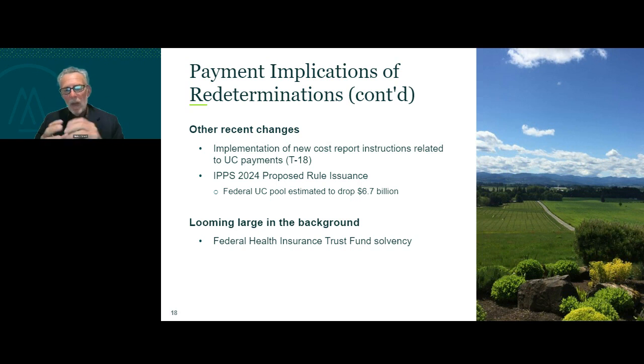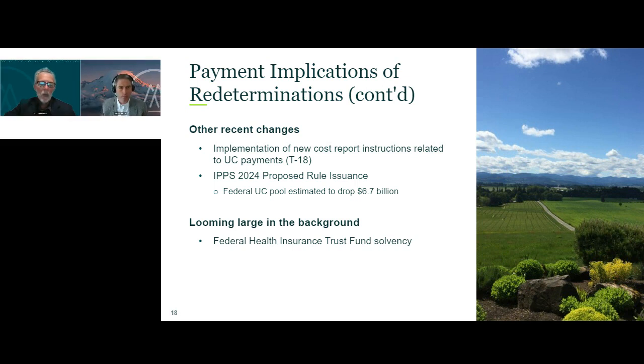So on top of all this other stuff, I think it's important to keep tabs on what's happening on a federal level in terms of the fund and what kind of things are being done to extend that solvency period. So with that, I'll now officially turn it over to Richard, and let's start talking more about things that we can do that we control within the hospital. So Richard, with that, I'll turn it over to you.